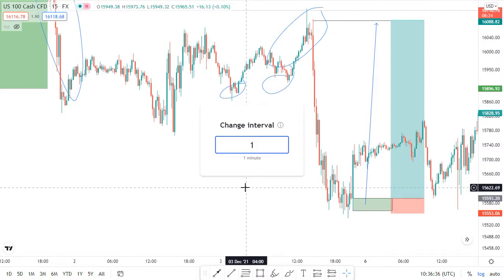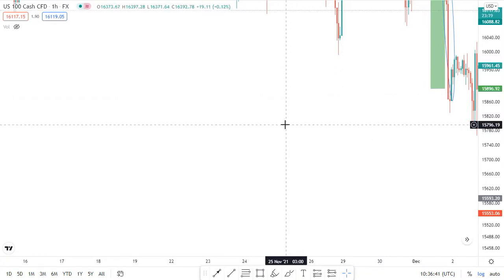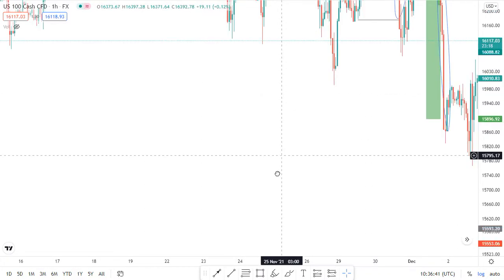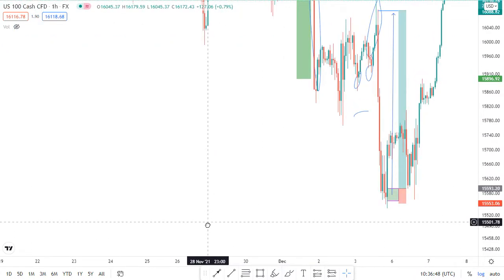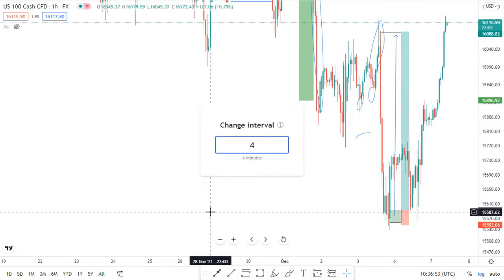So let me show you. Nasdaq was retesting here, guys.